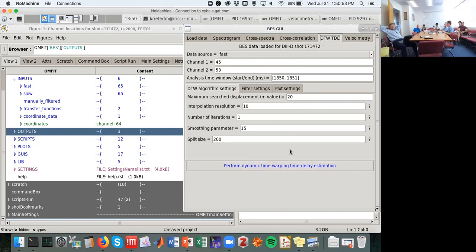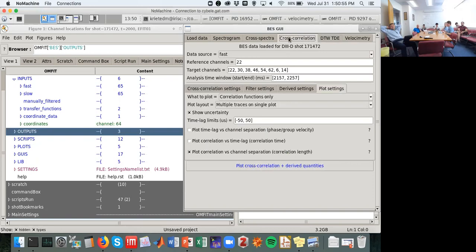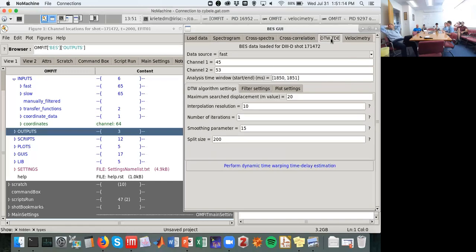In other words, for the cross correlation analysis I just showed, those phase velocities and group velocities were averaged over very long time scales. So in some sense, it was the phase velocity of the turbulence on average over some long time scale. If you're interested in the velocity of the turbulence on a very short time scale, so if you're actually interested in the velocity fluctuations, then you need to use a more sophisticated analysis like dynamic time warping.